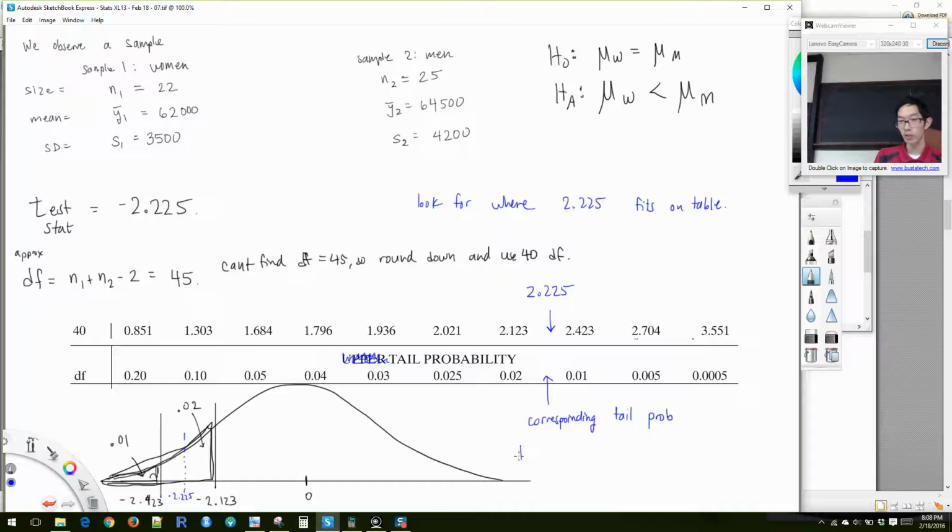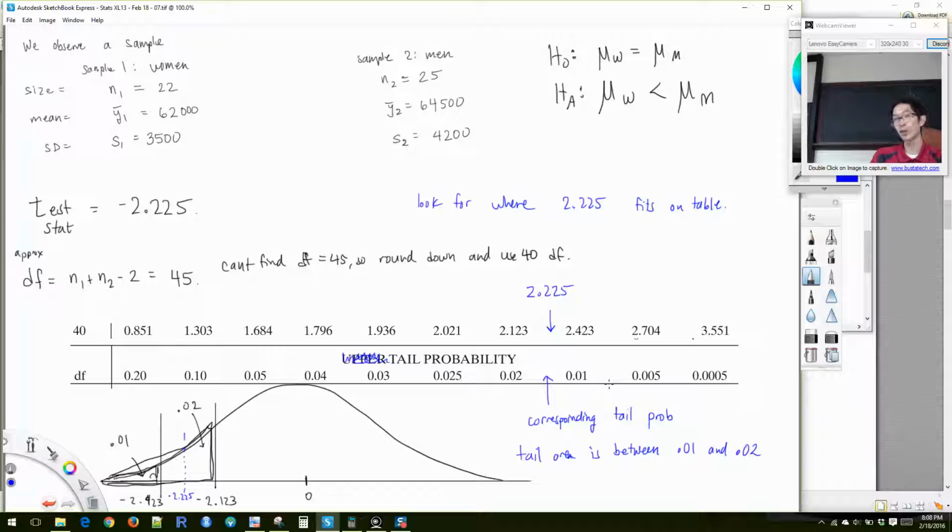So my tail area is between 0.01 and 0.02. And that's all we can say at this point. We can't get anything more accurate than that unless we go to a computer.